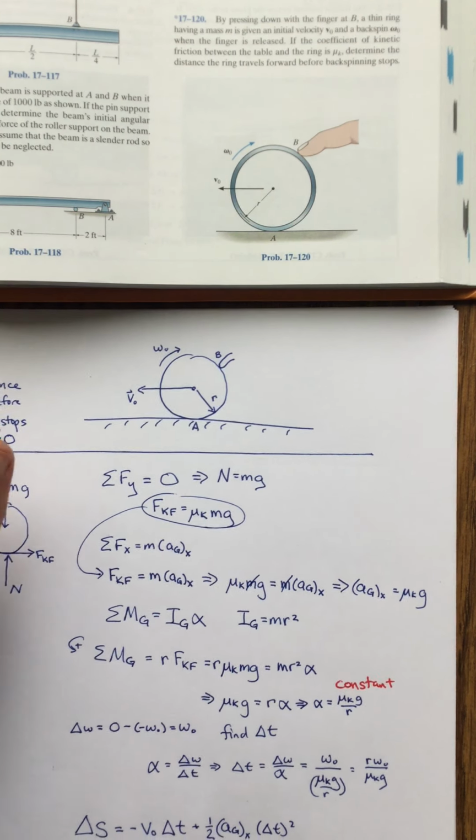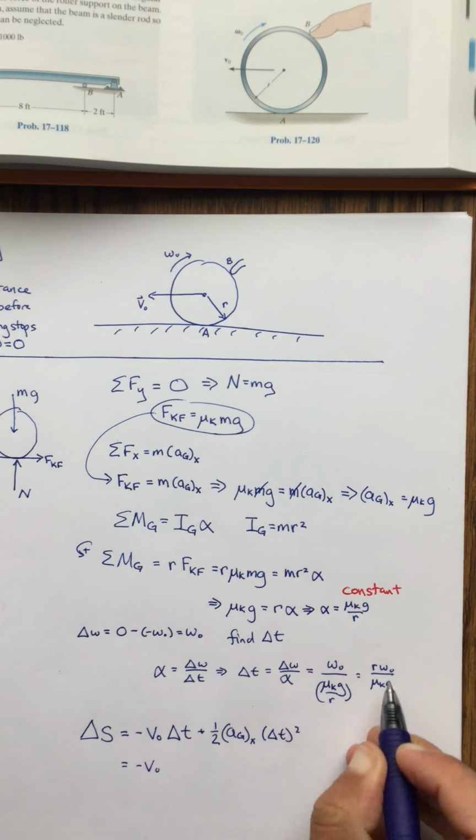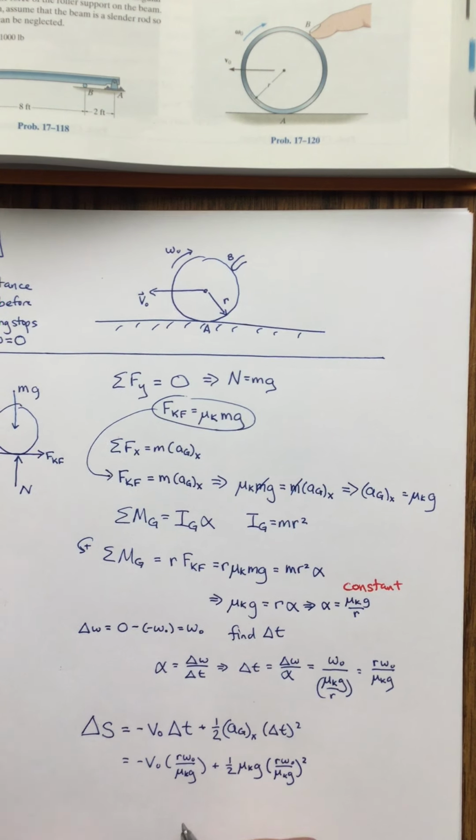Now we can go ahead and plug things in. So delta t is r times omega naught divided by mu k g plus 1/2. My acceleration in the x direction is mu k times g times delta t squared, so that's r times omega naught over mu k g squared.